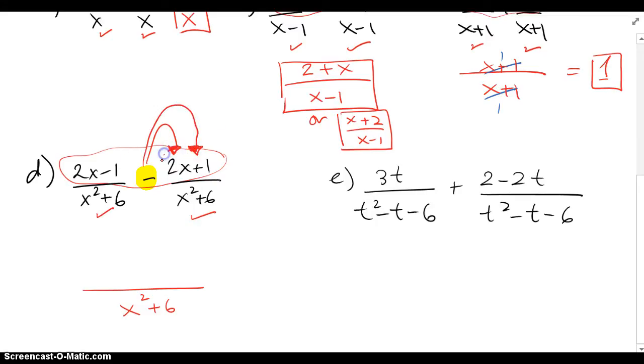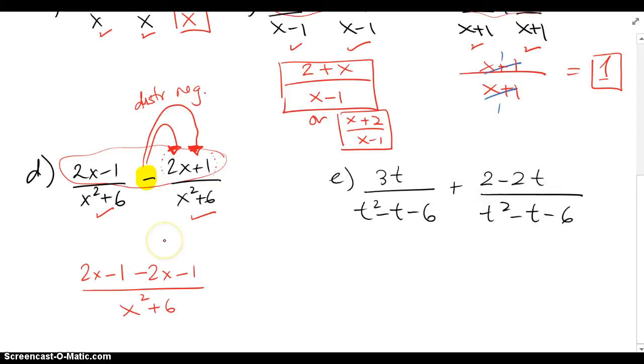So basically you really have like these invisible parentheses around the binomial that comes after the minus sign. So in doing that, I get 2x minus 1 minus 2x and then minus 1. Again, we're going to distribute the negative sign is what's happening there.